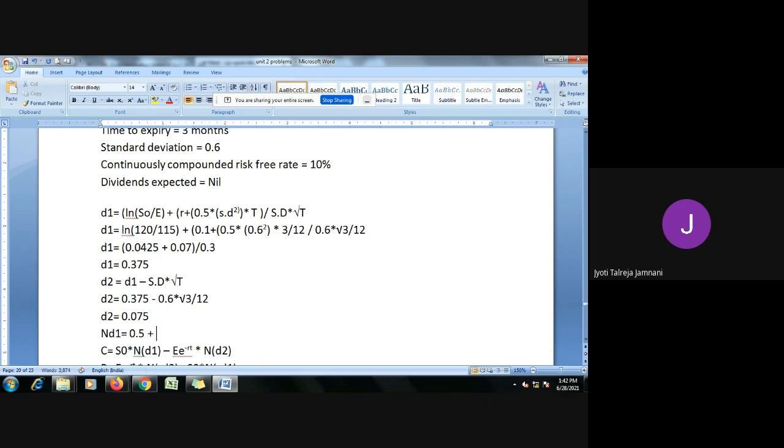Okay, we need the table values, right? All of you, I had shared the table value with you on the WhatsApp. Just check. Just give me 1 minute.